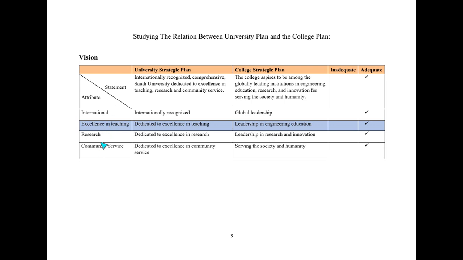The same applies for all the other attributes, but here is just an example. Everything will be highlighted in blue to show you how excellence in teaching is mapped from the university to the college level. Now let's move on.